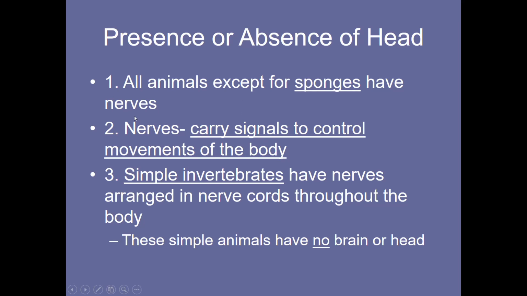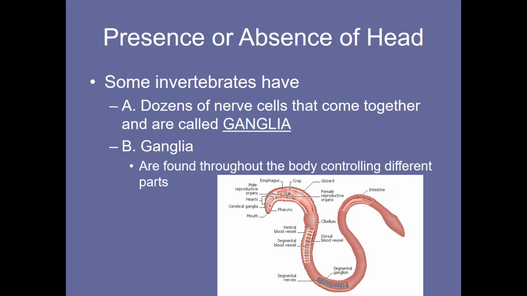Presence or absence of a head. All animals except for sponges have nerves. Nerves carry signals to control movement of the body. Simple invertebrates have nerves arranged in nerve cords throughout the body. These simple animals have no brain or head. Some invertebrates have dozens of nerve cells that come together and are called ganglia.